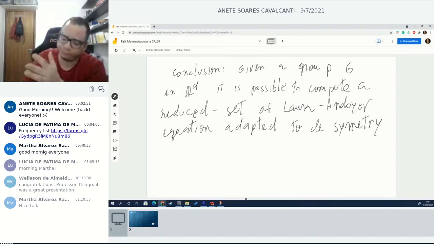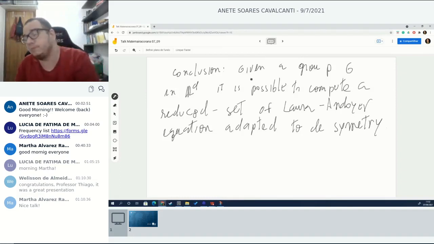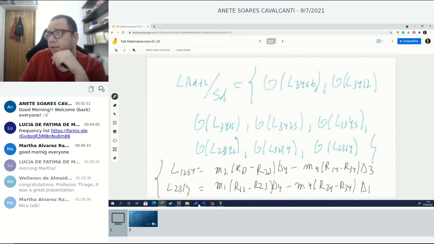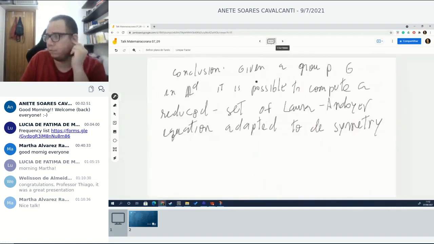Okay? Then this is one conclusion. We can do this with a computer, we can do this by hand. In this case, I compute this by hand. But it's possible, using computer or not, it's possible to use the set.